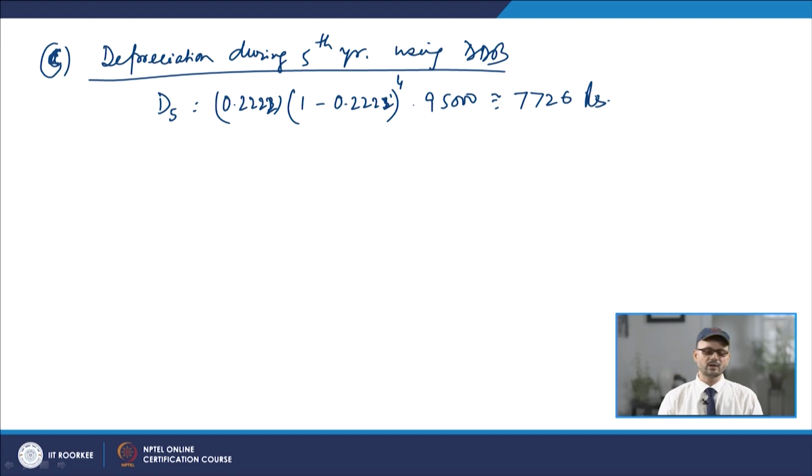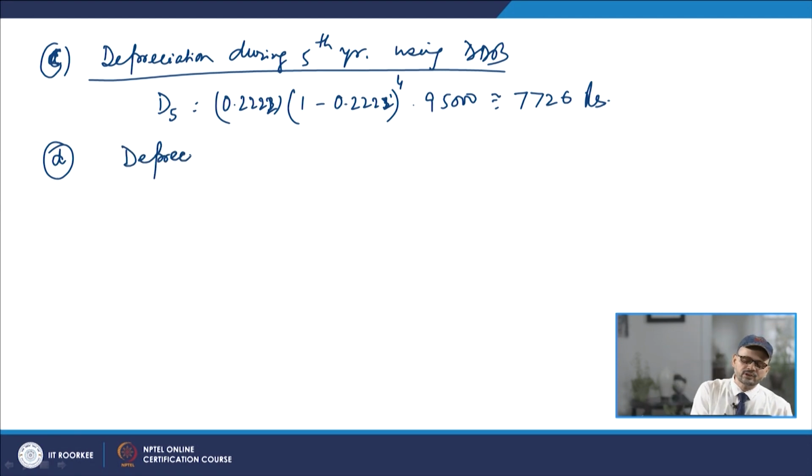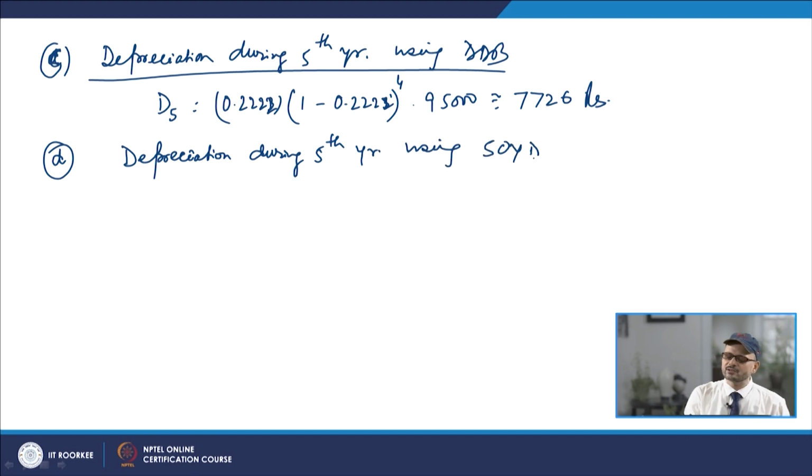Suppose you are told to calculate the depreciation during the 5th year using the SOYD method, the sum of years digit method of depreciation. How to calculate in that?